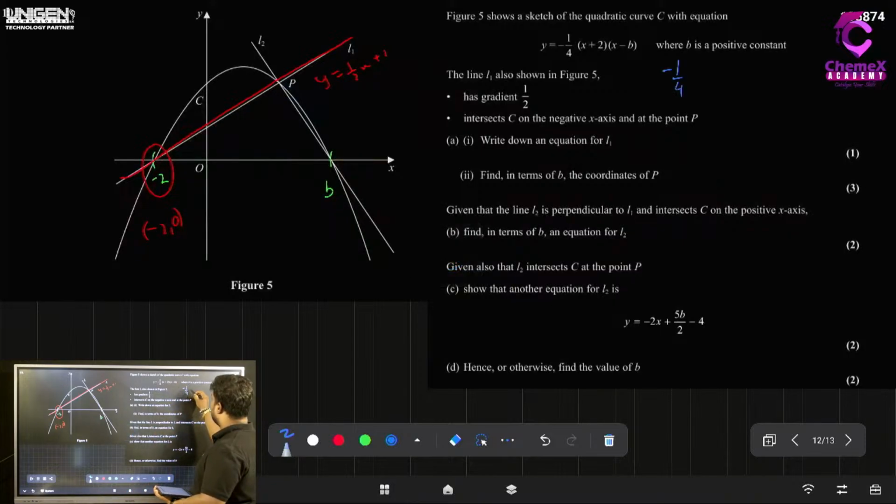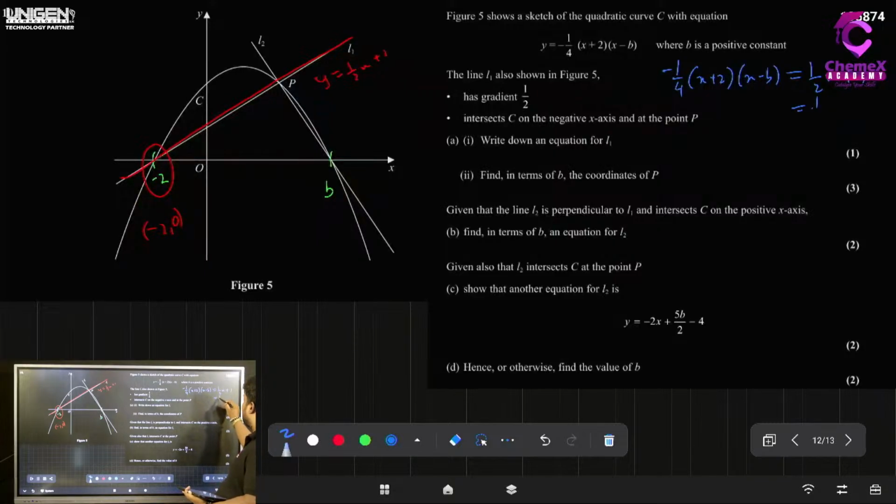Minus 1 over 4 bracket x plus 2 and x minus b is equal to 1 over 2x plus 1, right? Then how do you do that?